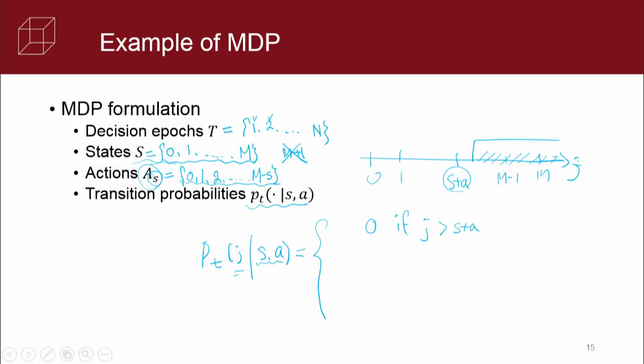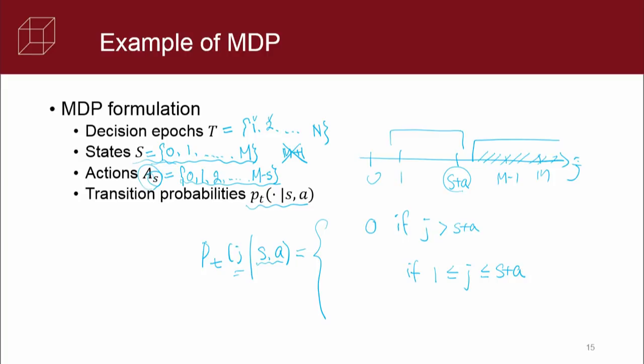And let's think about the second situation, right? Let's think about the situation that j is between 1 and s plus a. So j is greater than or equal to 1 and less than or equal to s plus a.